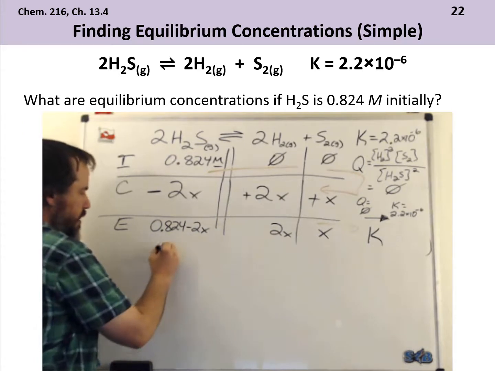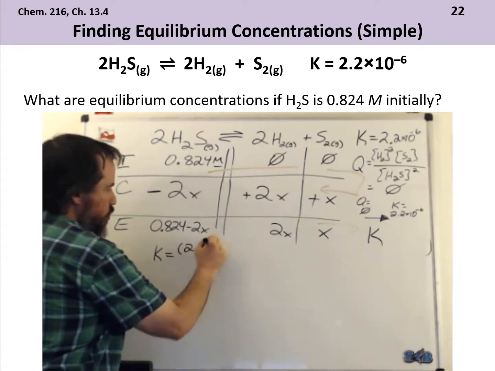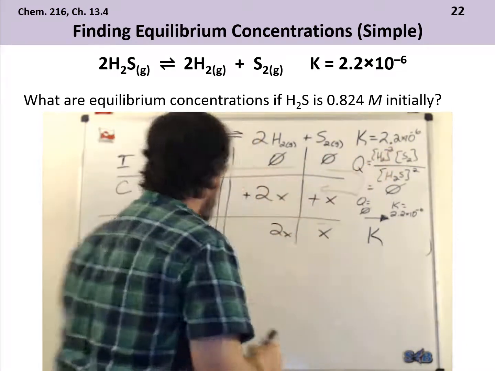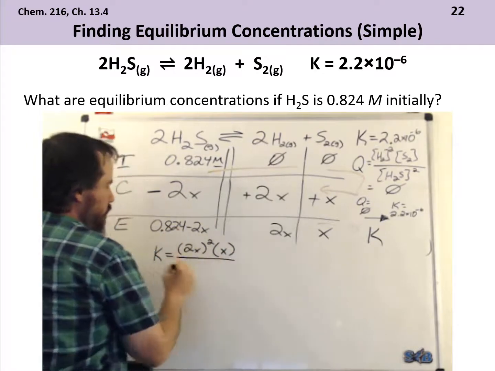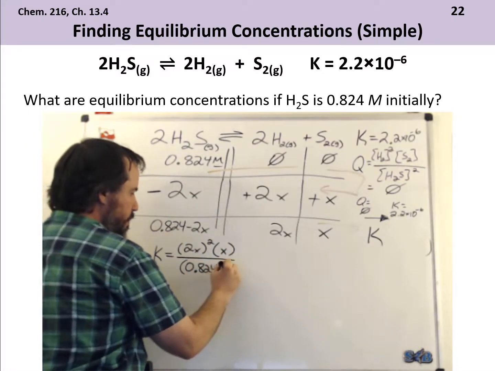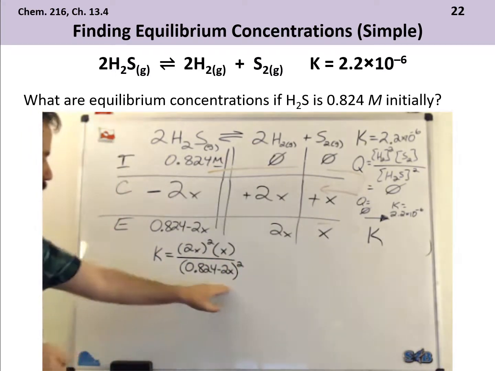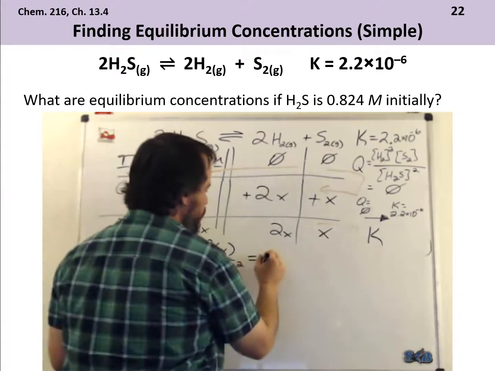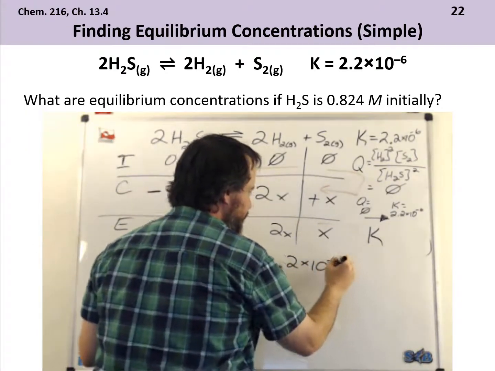So K equals 2x squared times x over 0.824 minus 2x squared. Okay? And this is going to equal 2.2 times 10 to the minus 6.